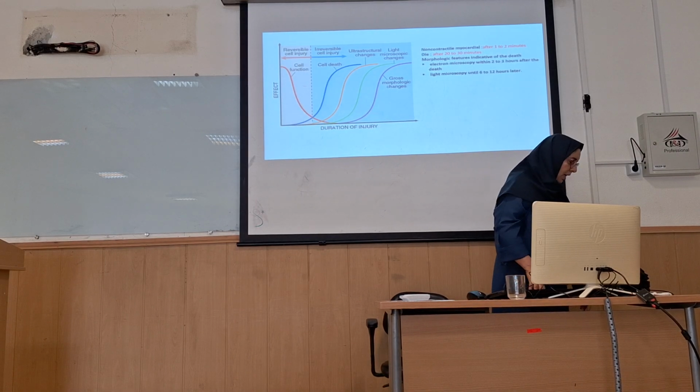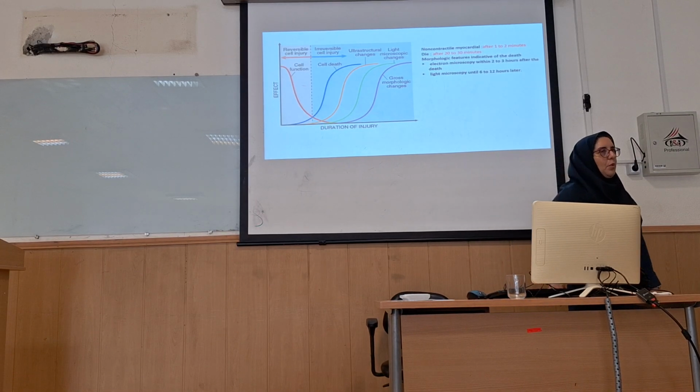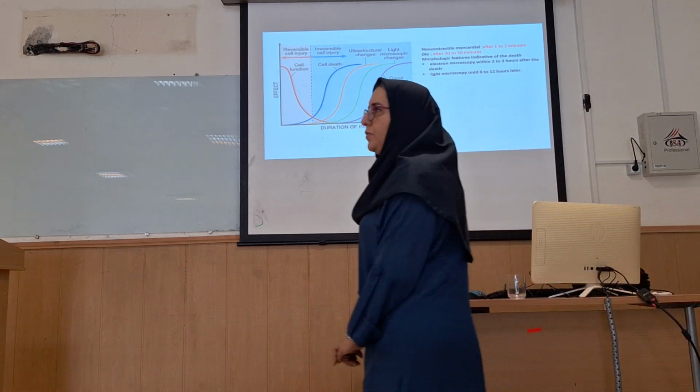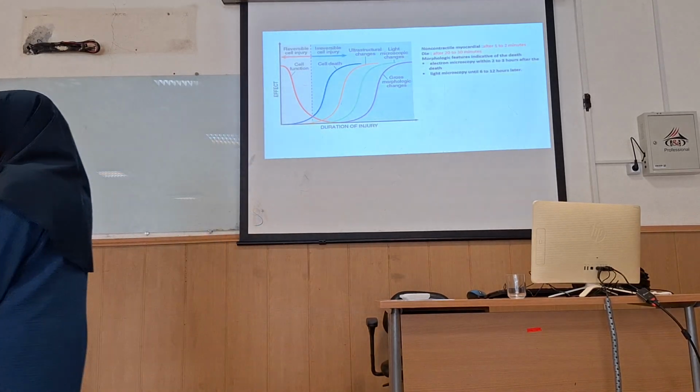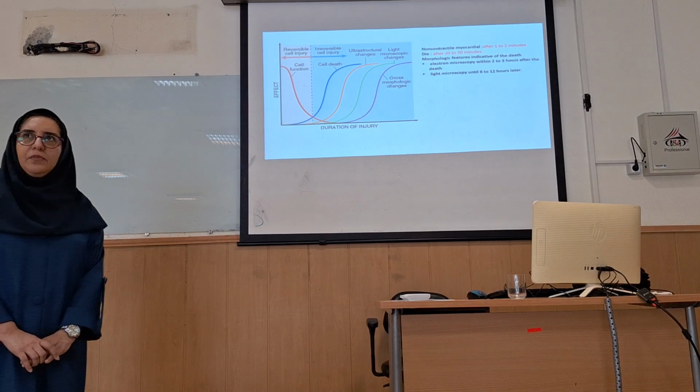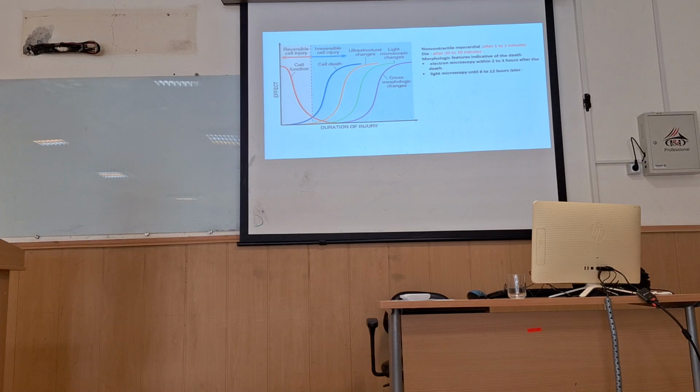Then we discuss that reversible versus irreversible injury depends on the type of tissue. For example, the most common ischemic change in our body is myocardial infarction due to loss of blood flow in the cardiac muscle.